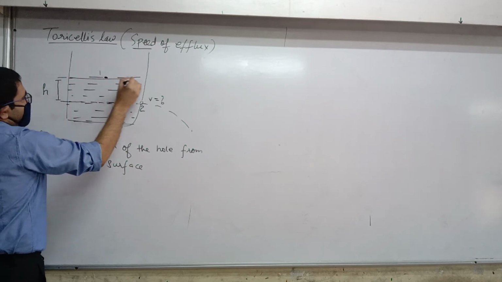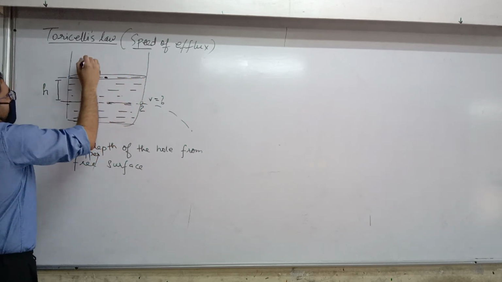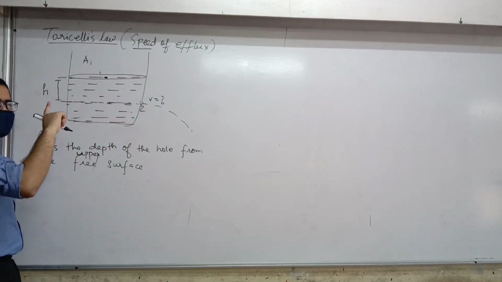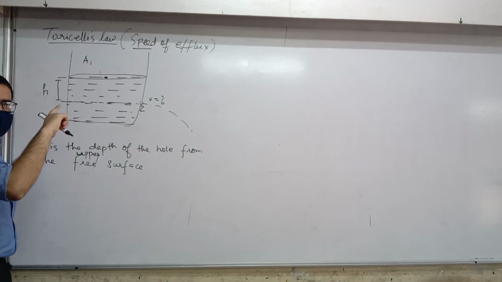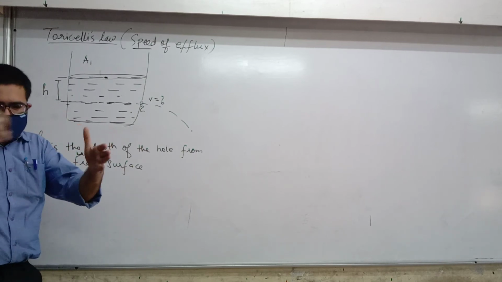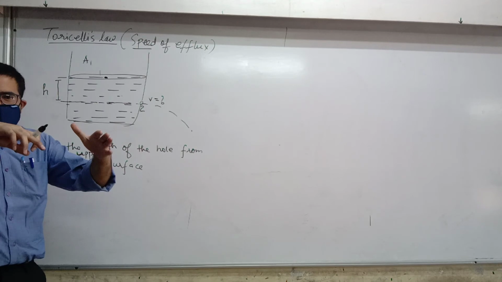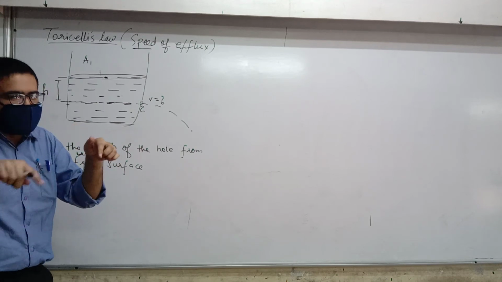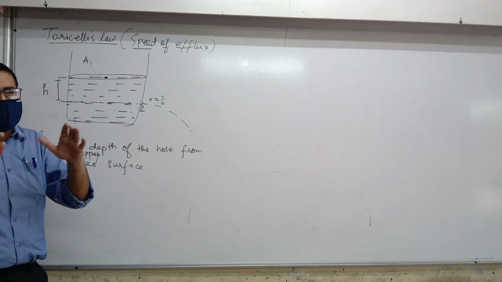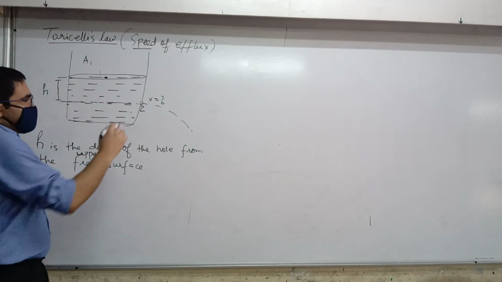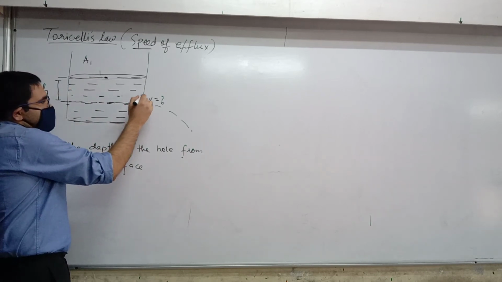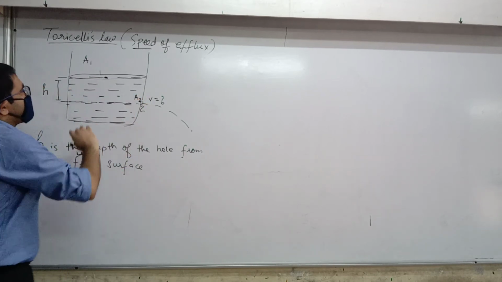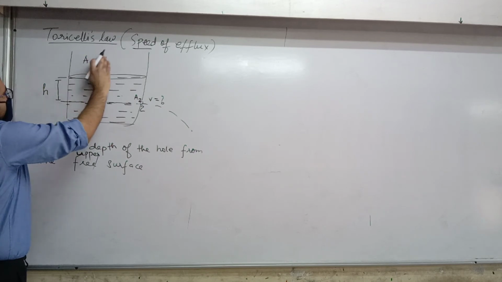Let's say the area of this vessel is A1. You understood what A1 is? Yes. Suppose you took a bucket, then the area of the circle at the top of the bucket is A1. And the area of this small hole is A2. So generally, it's going to be like this.